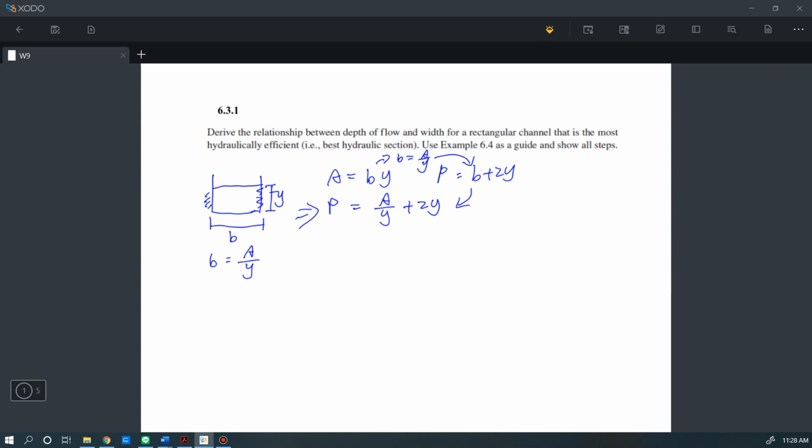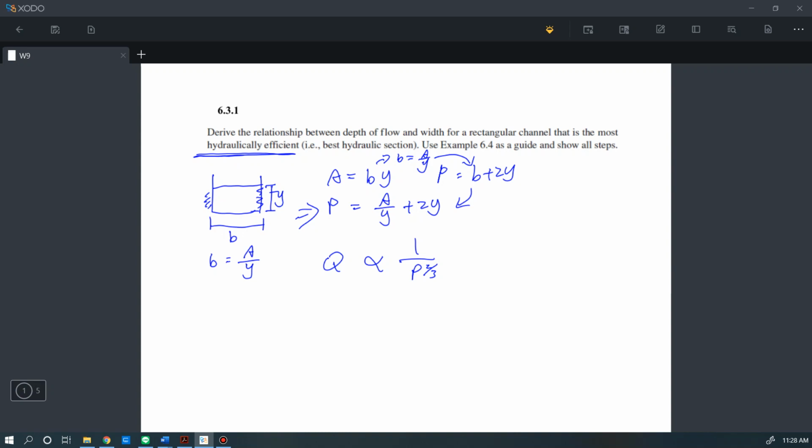Okay, so in the next step, we want to know what it means to be hydraulically efficient. So if you look at the main equation, we know that Q is proportional to something like this, proportional to 1 over P to the power of 2 over 3.